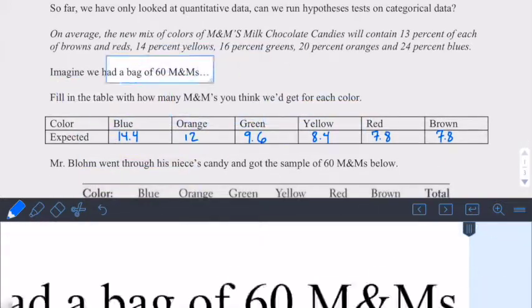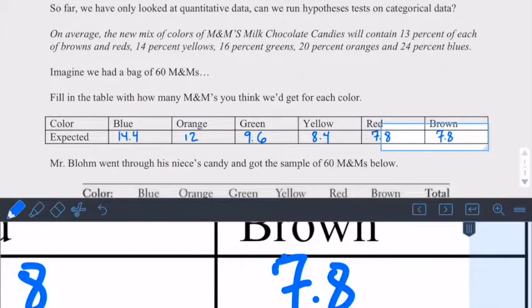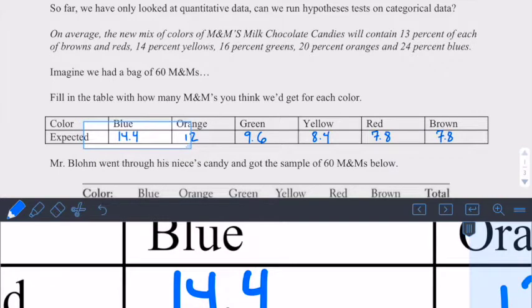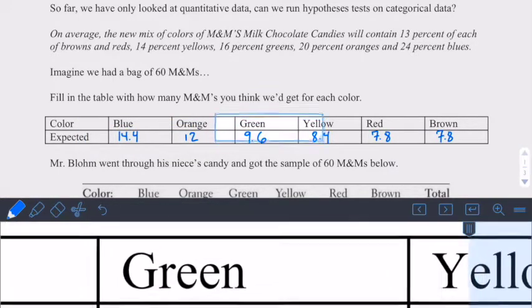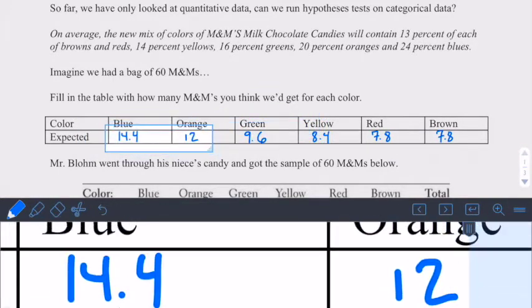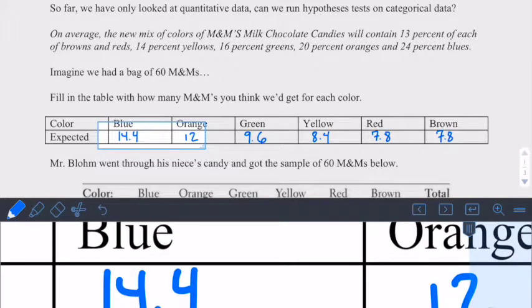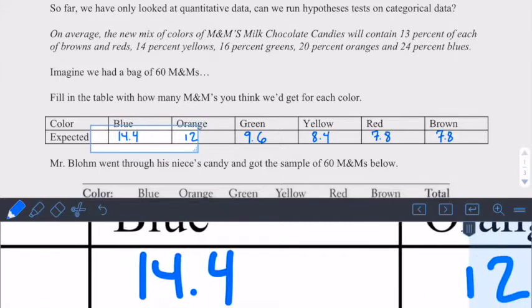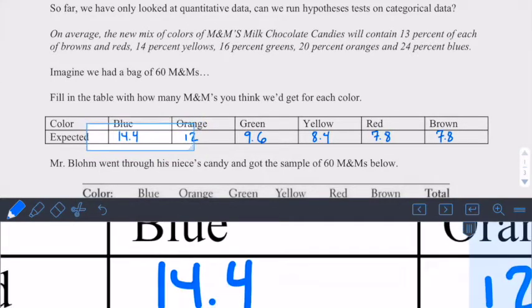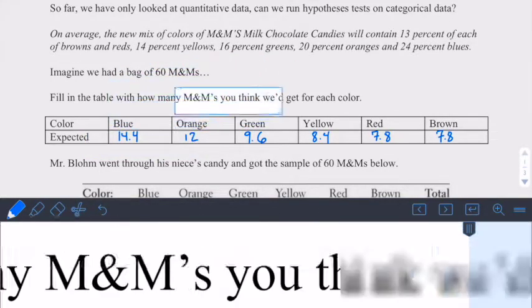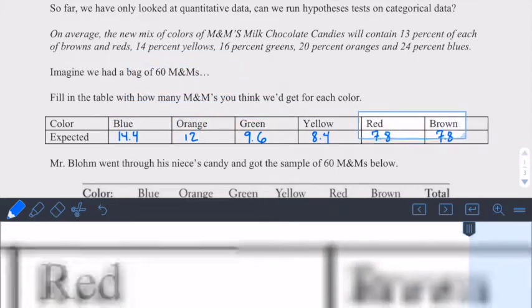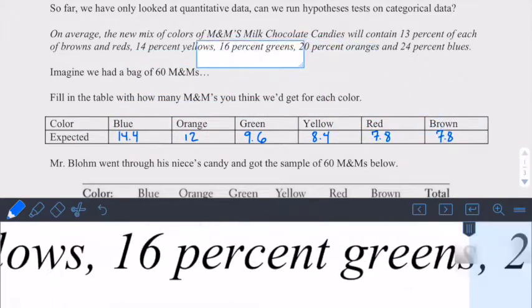So this is what we would expect to get out of 60 M&Ms, but you can see that we're not going to get 0.4, we're not going to get 0.6, and there's going to be some variation. So we could get 15, 16, 17 blue, and that wouldn't be that weird. We can get 13, 12, 11 blue, and that wouldn't be that bizarre, right? But the more M&Ms that we had, the closer we would be to the true proportion.